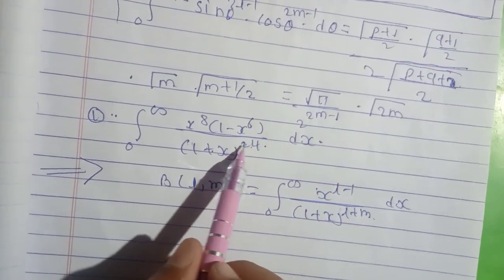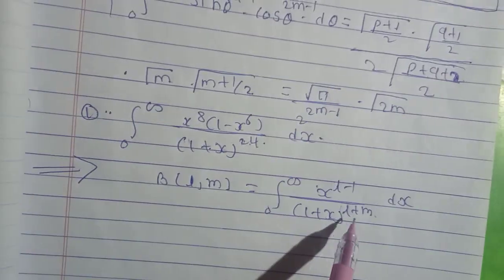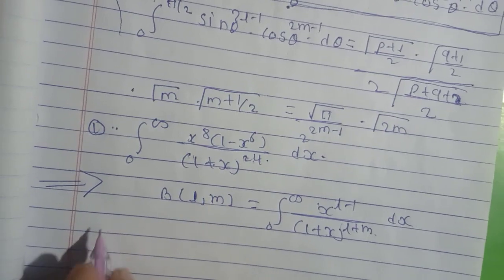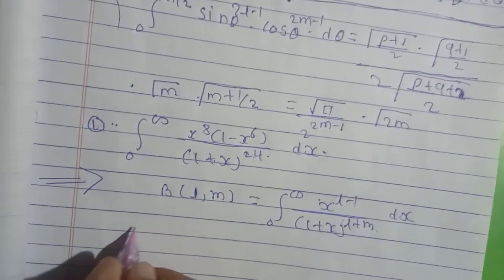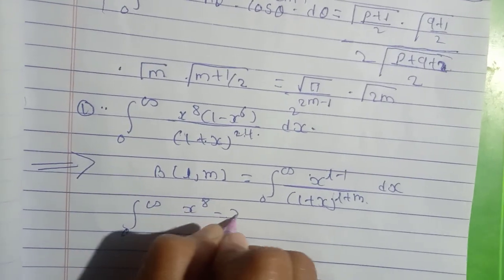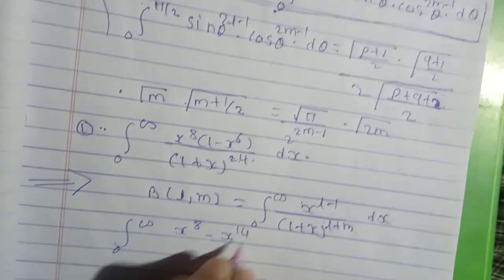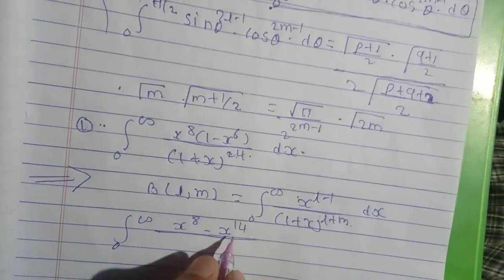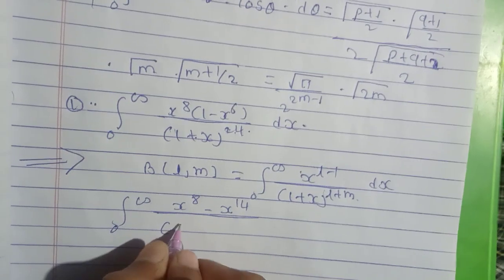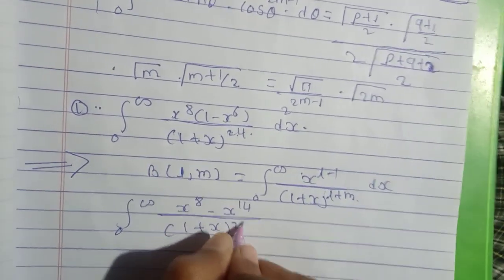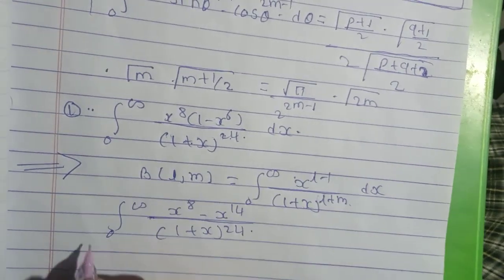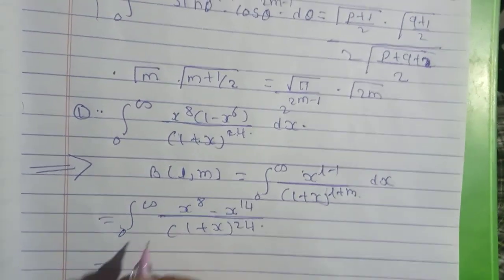So we have to calculate their sum of 24. So integration 0 to infinity x raised to 8 into 1 minus x raised to 6 divided by 1 plus x raised to 24, we simplify this.